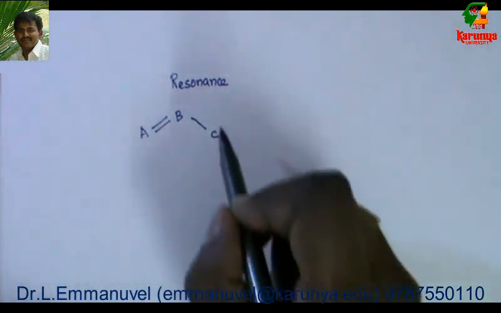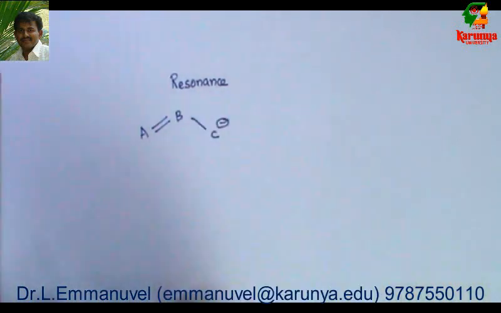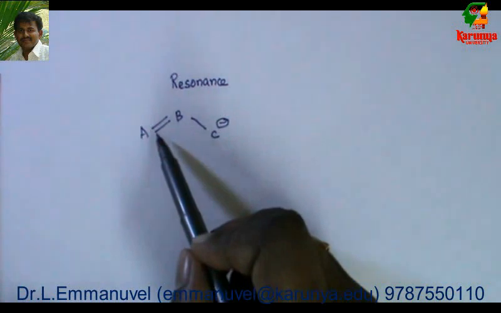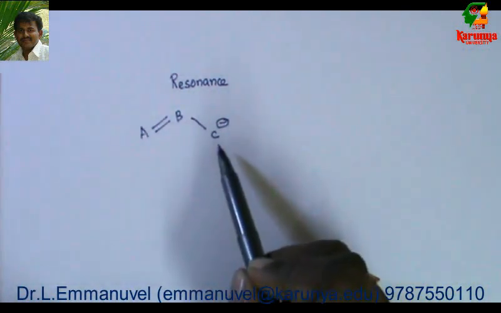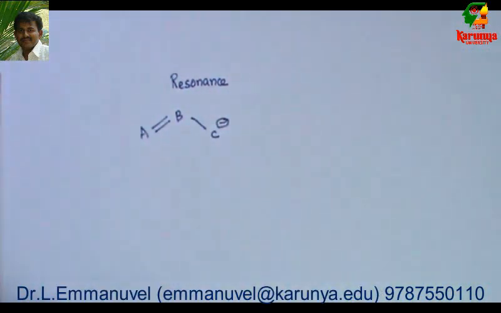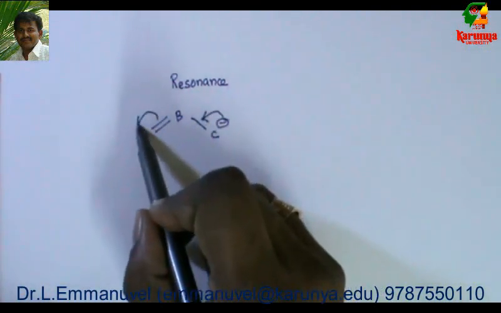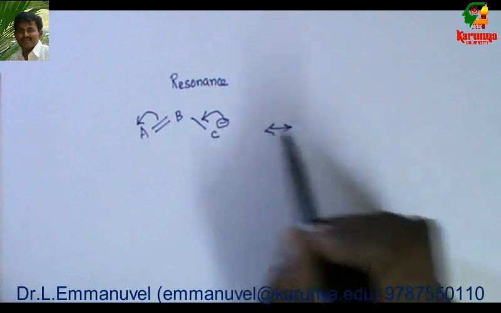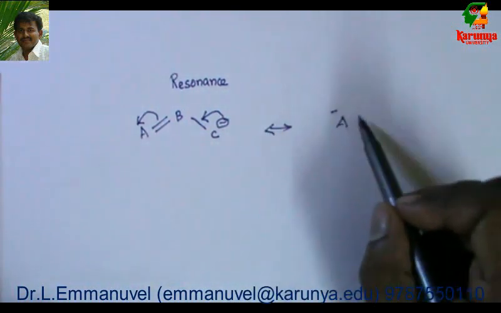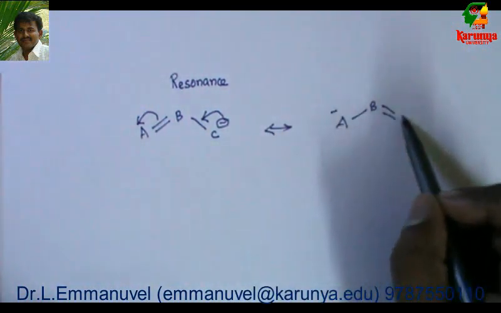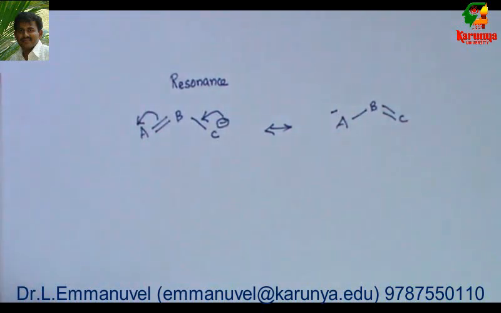If there is a minus charge on this, and there is a double bond afterwards, and the atom C has a minus charge, then this may fall here, and what we get is A minus. This is called resonance.